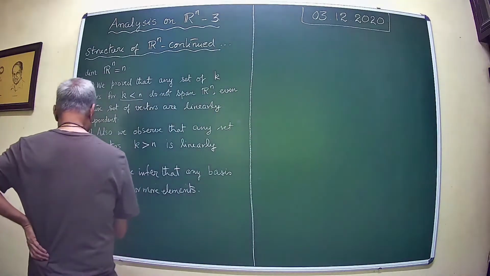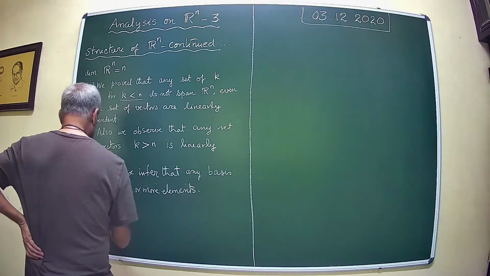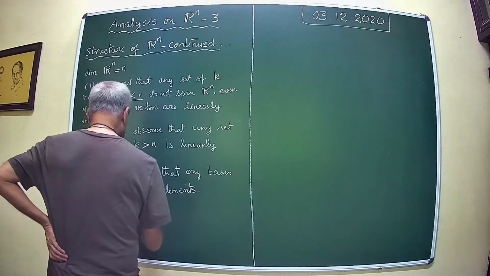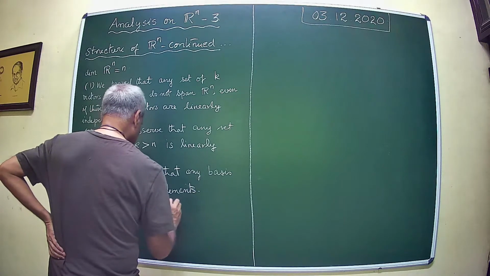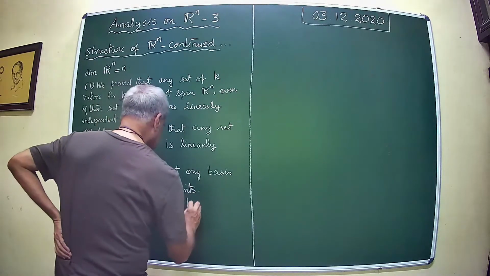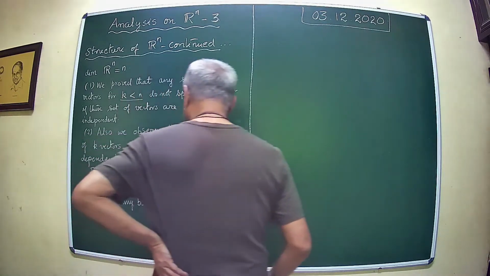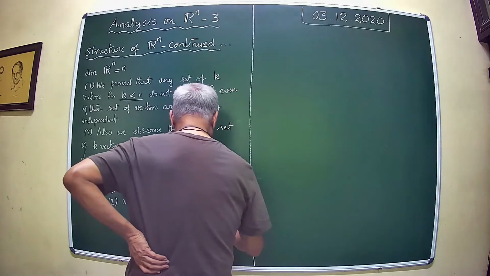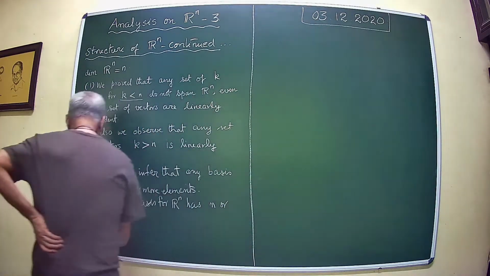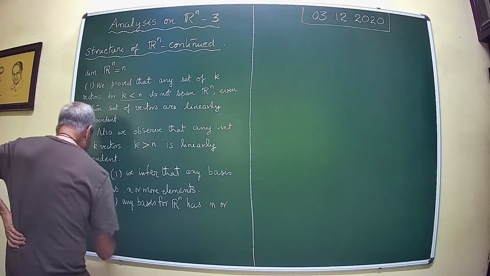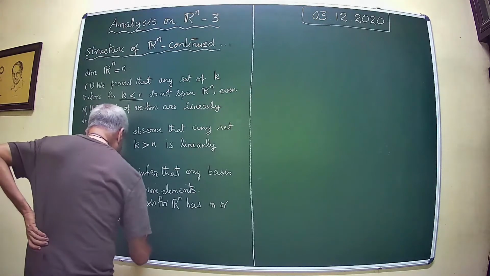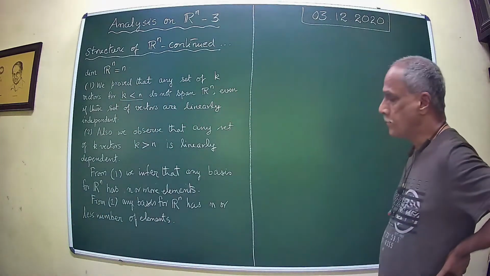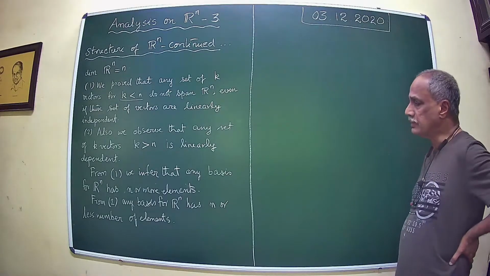Secondly, from the second statement we infer that any basis has n or less number of elements.